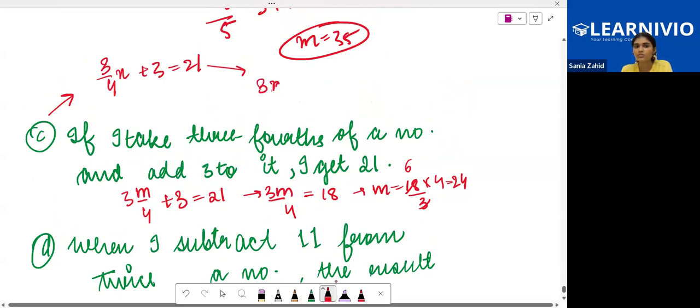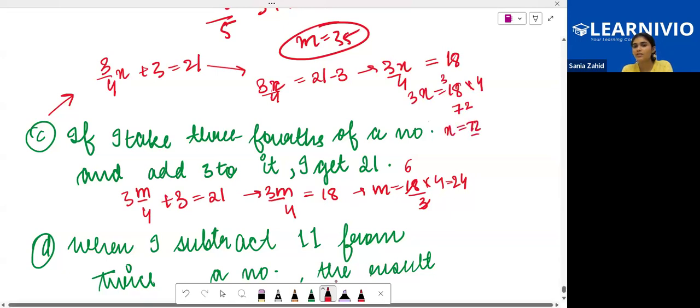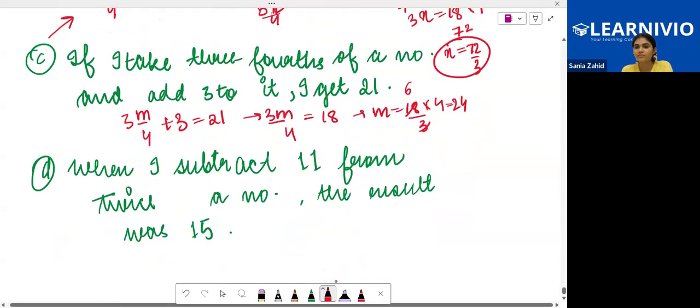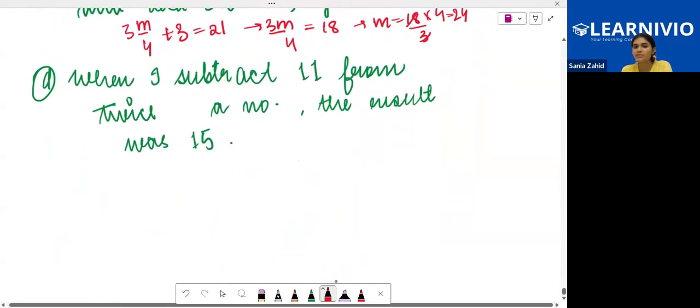First, you will subtract 3 from 21. You will have 3x by 4 will give you 18. And then you will do 3x is equal to 18 into 4. What is 18 into 4? 72. Then what is x? 72 by 3. You didn't divide by 3.